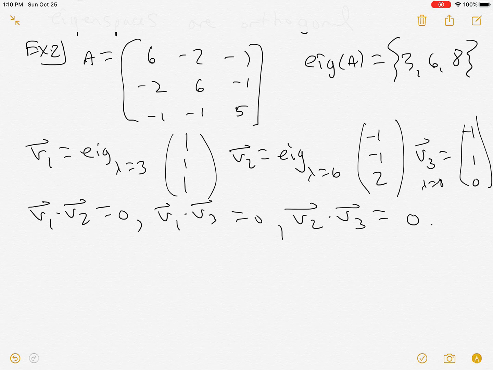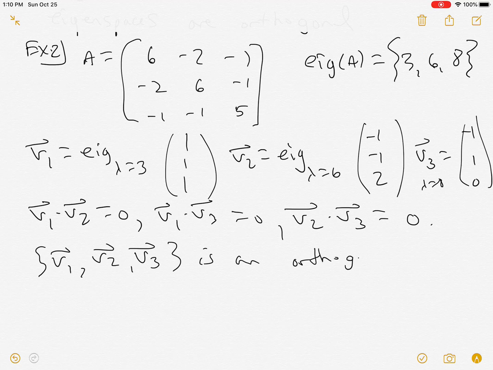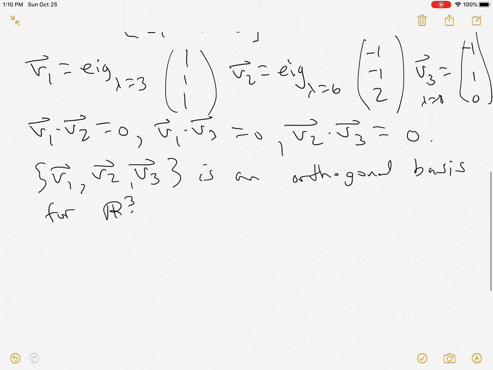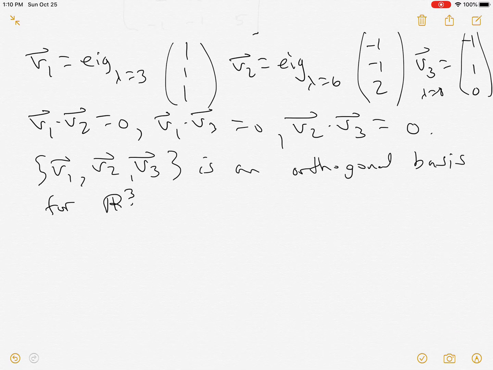So this set is an orthogonal basis for R3. Right? We showed they're orthogonal. There's 3 of them, so they span R3. Okay, so we now have an orthogonal basis. Let's make it orthonormal.